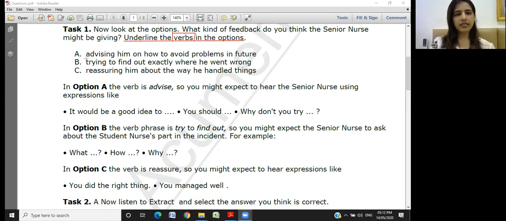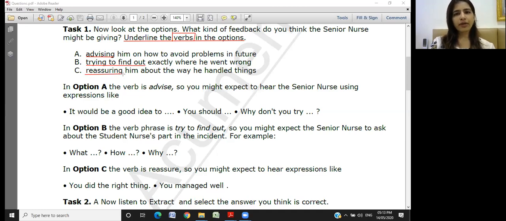Yes, so one is advising, then trying, but trying to find out. This entire portion is the verb, right? Trying to find out. Trying what? Because try is kind of a very large context. So trying to find out and reassuring.